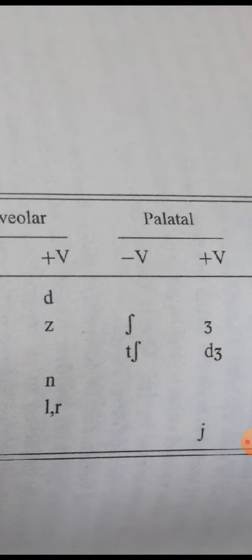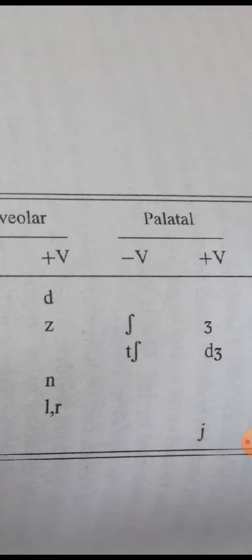What does it mean, laterals or liquid? It means the airstream does not go through the middle, through the center of the mouth. No, it goes to the side. The tongue, you can feel that the tongue is pointed to the side of the mouth. Le.